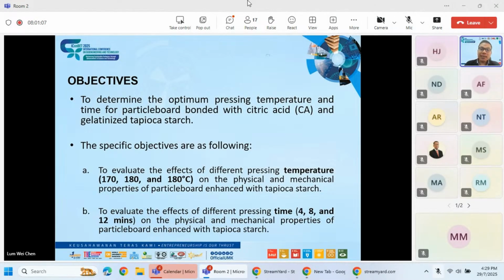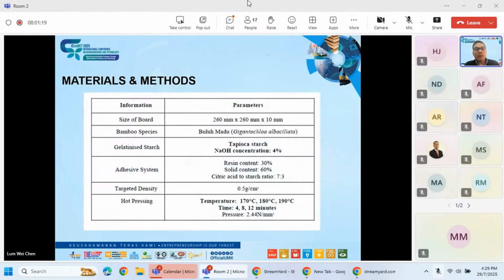There's a typo here on the slide. So we want to study the effect of different temperatures on the mechanical and physical properties of the particle board. Next, we use different pressing times, which are 4 minutes, 8 minutes, and 12 minutes. So these are the parameters used in this study.